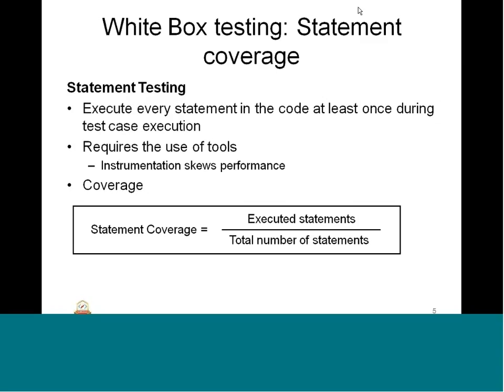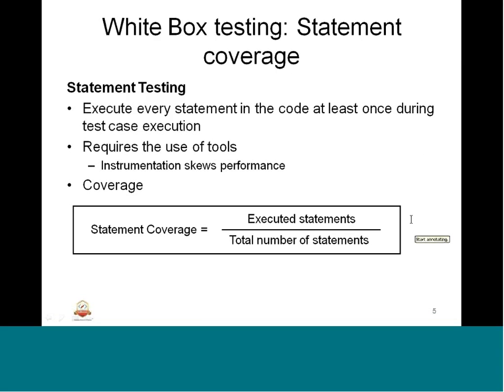Suppose with the help of this statement testing, how will we arrive at the coverage? Suppose we have executed a total of 89 lines out of the total number of statements that are there. Here statements are nothing but the lines of code, the executable lines of code. This excludes all the comments and everything. So in C, if you consider, every semicolon is an executable line of code. It is also called EOC.